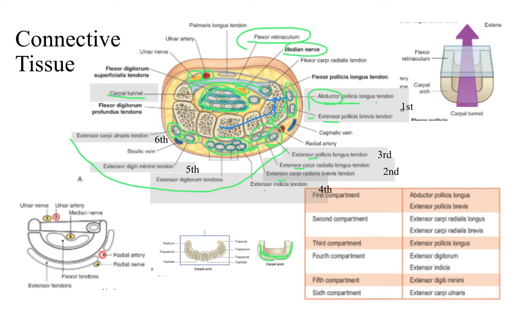Compartment 2 and 3 would be associated with the trapezoid. They both begin with T. Compartment 4 here would be associated with the capitate. Compartment 5 associated with the hamate, and compartment 6 right here would be associated with the triquetrum.